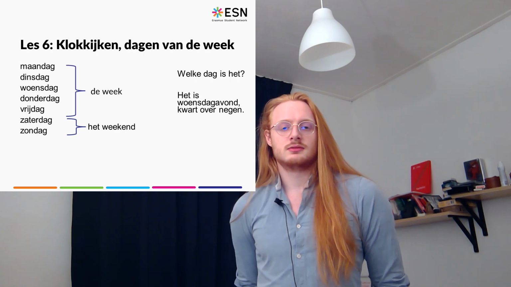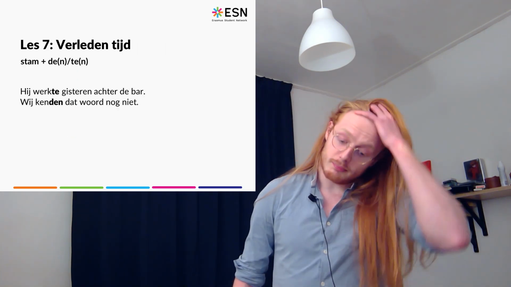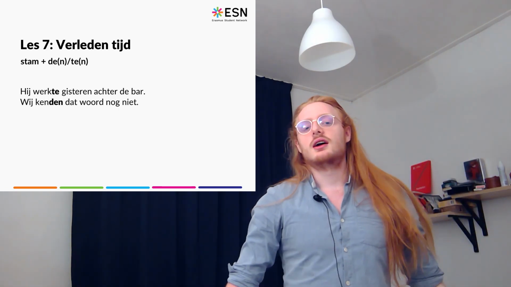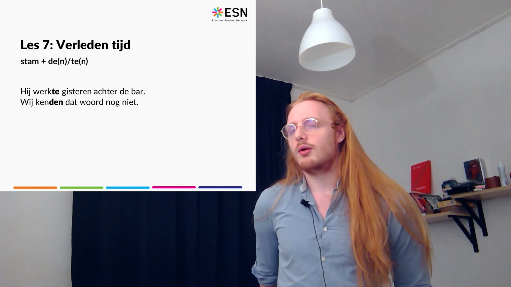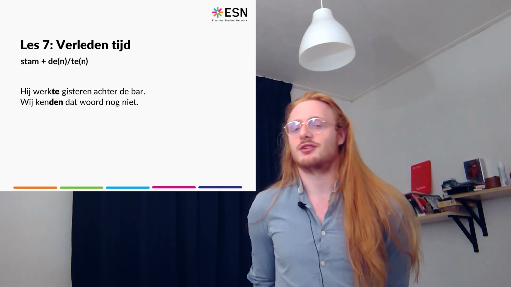Next. In lesson 7, we treated the past tense, the past simple, basically. The lesson that you will be attending deals with the present perfect, a more common version that is used in Dutch. But it's good to quickly go over this, because we will also quickly go over it again in lesson 4 or 14.